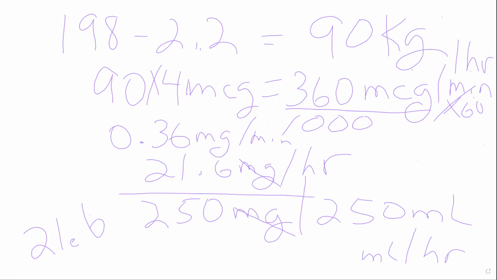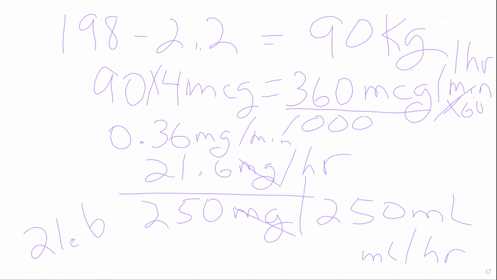Yes, so I'm multiplying the 60 times the 360? You could do it that way, but you still have to convert. Remember, what did we do before that step? We also had to convert our micrograms into milligrams, right? Yes.